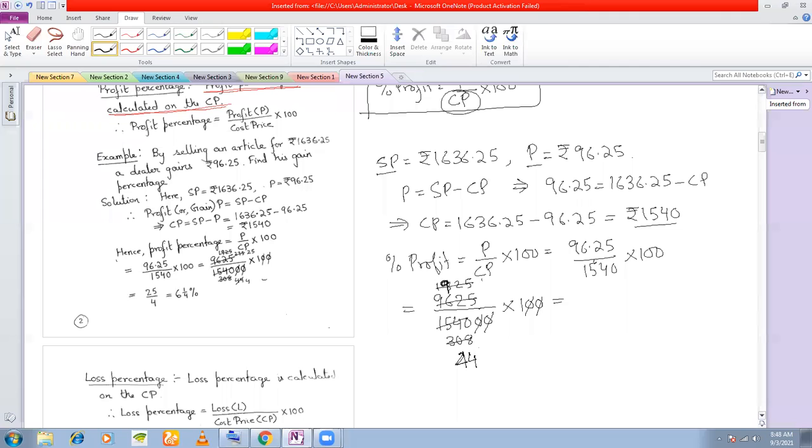And this will be 7, 2, so 275. And then this will further cancel with 11. So you're getting 25 by 4, which is 6.25%.